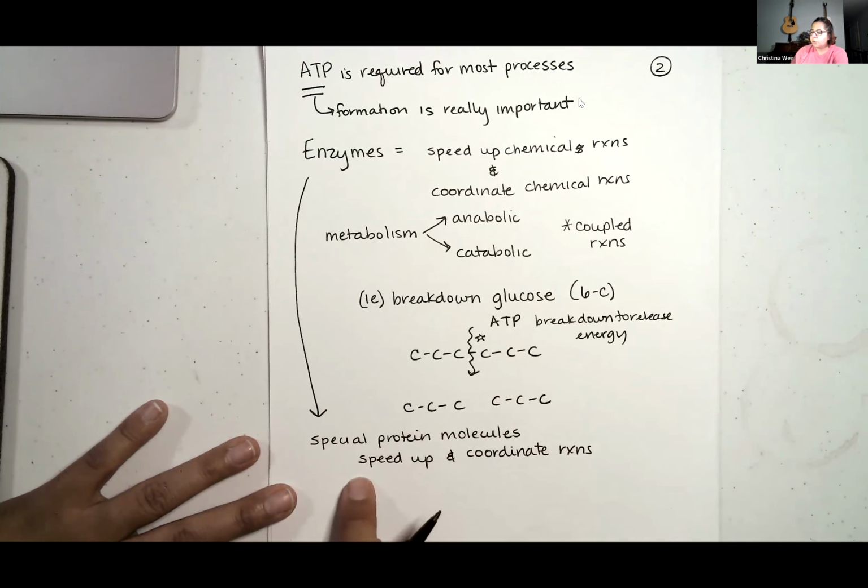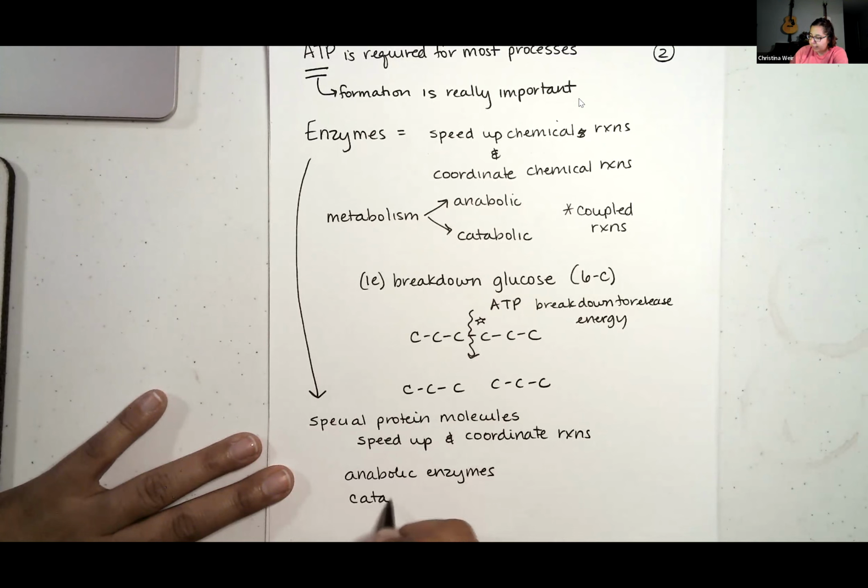There are certain enzymes that are building enzymes, so you can have anabolic enzymes. And then there are other enzymes that break things down, so we can call them catabolic enzymes. Another word for catabolic enzymes is digestive enzymes. This is a more common word than catabolic.